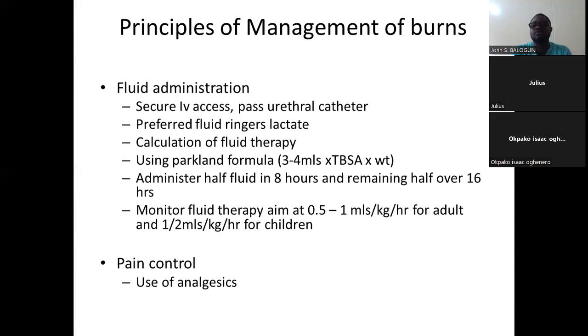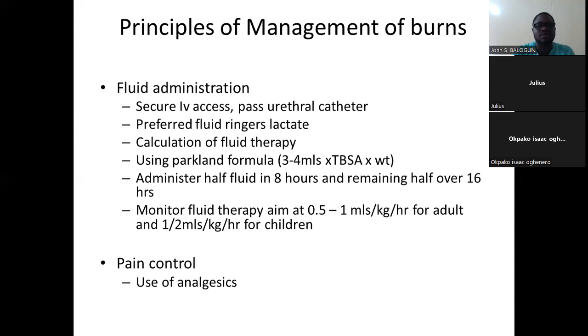What amount of fluid does the patient require? In that instance, you will need to say, okay, if the entire upper limb is 18% and the anterior abdomen is 9%, 18 plus 9 is 27. So 27 times 70 times 4 will be the amount of fluid the patient will require for fluid resuscitation. Are we communicating? Yes, sir.